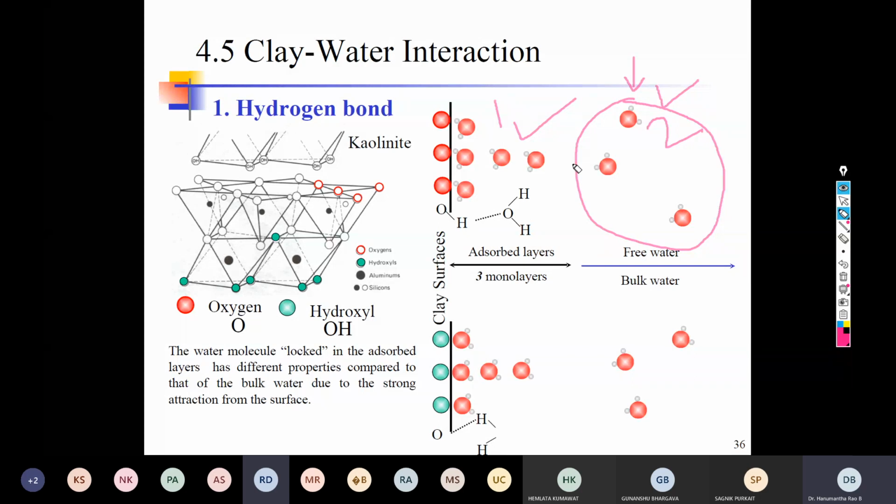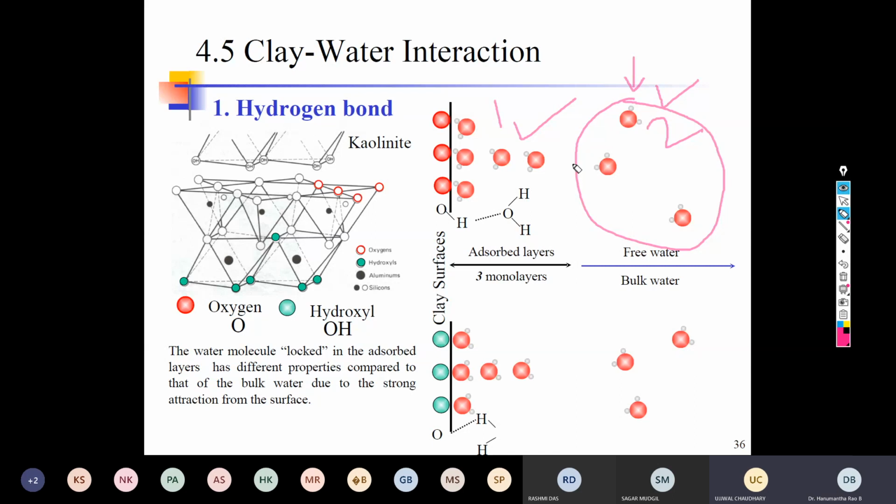There will be some segregation. Segregation between what? Liquefaction will occur. No, liquefaction is not valid for clay particles. Liquefaction is valid only for silt. So there will be segregation between clay particle and water.